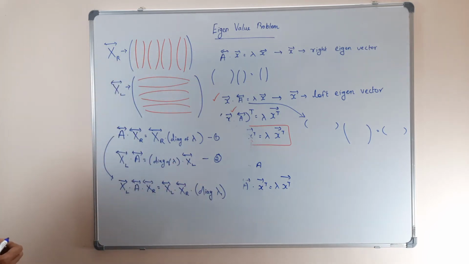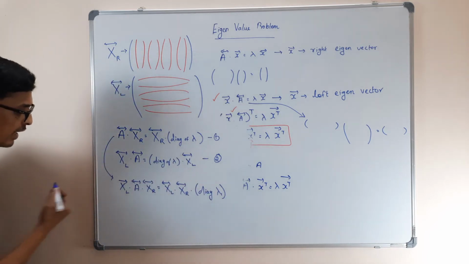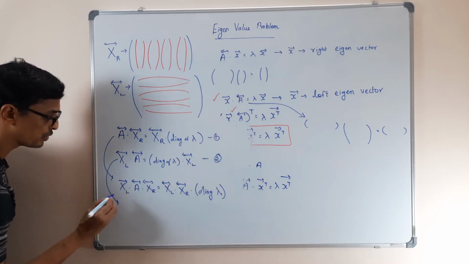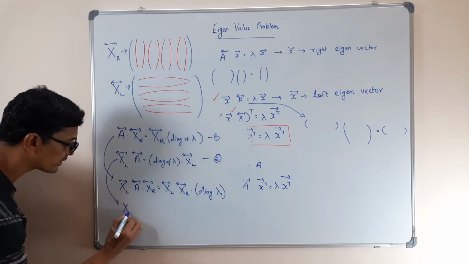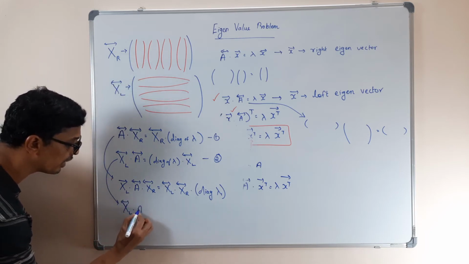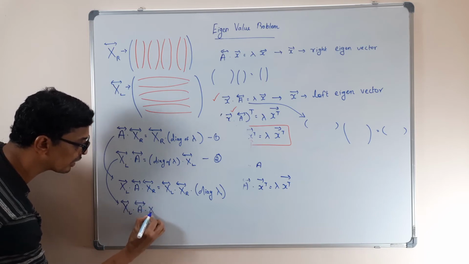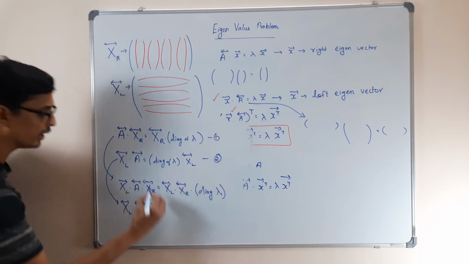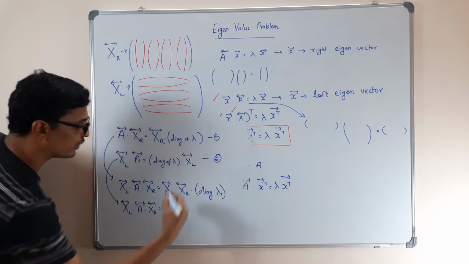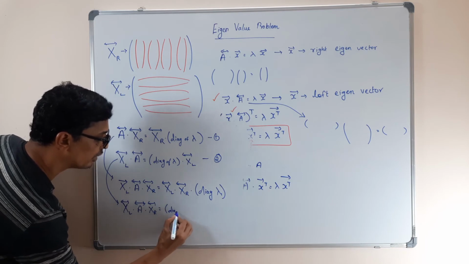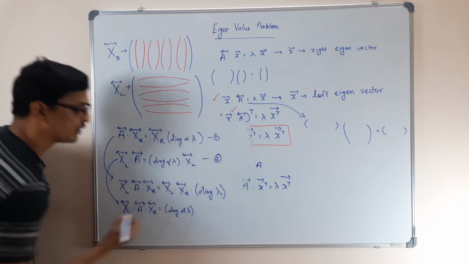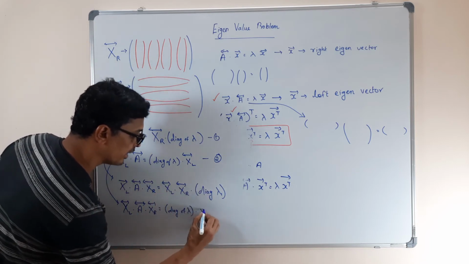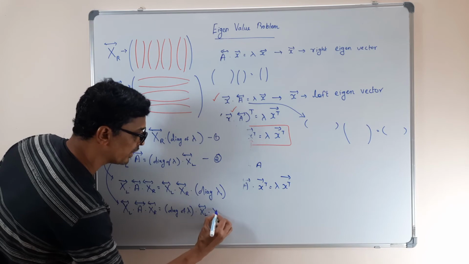And similarly, in equation 2, I am going to multiply XR from the right. So this will be again XL matrix into A matrix dot XR matrix will be equal to, since we are multiplying from the right, diagonal matrix of lambda multiplied by XL into XR.